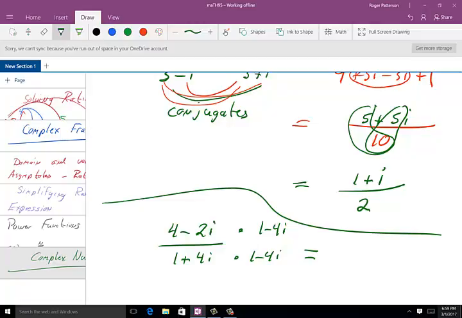So 1 times 1 is going to give us 1. 4 times 4 is 16. It's a negative 16 now. So it's going to change to positive, right? Because it's negative 16i squared. This i squared makes it negative. So now we have a plus 16.